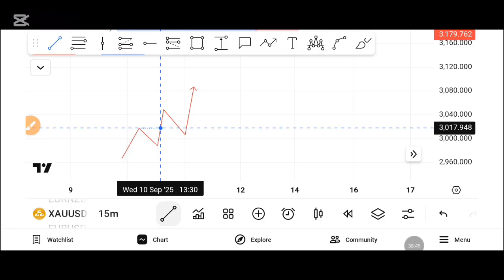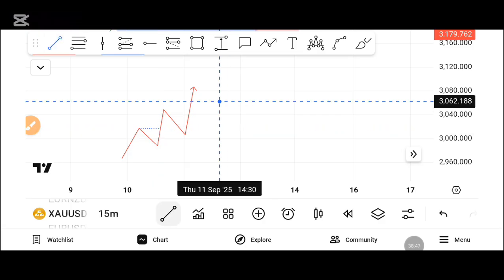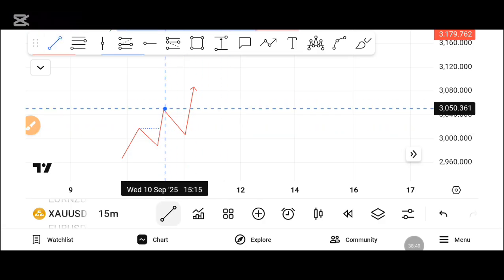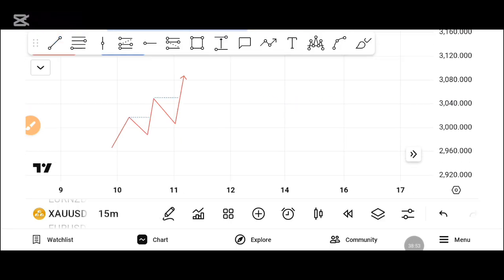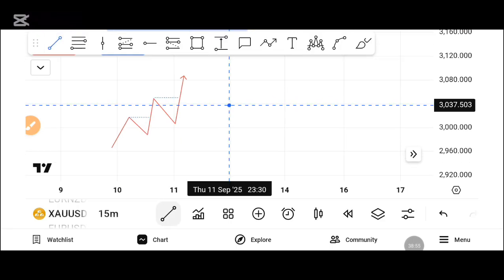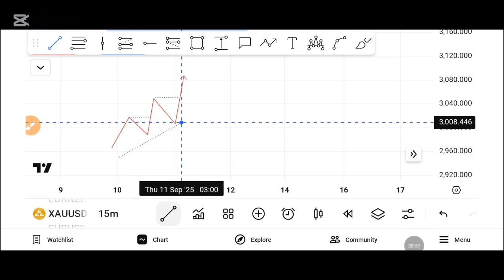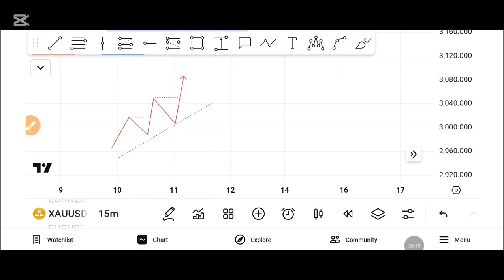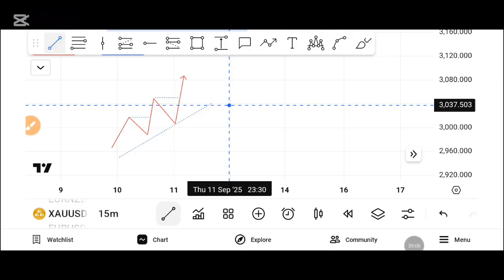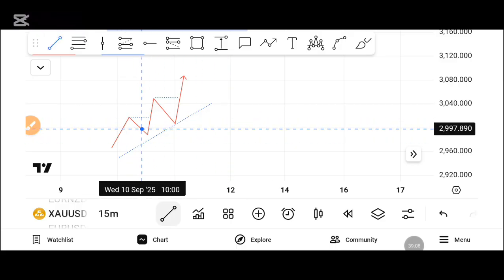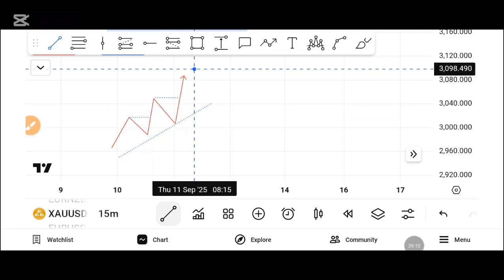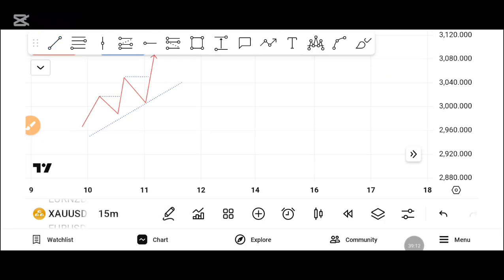This is a break of this high here, and this is what we call a minor swing trend. This is just one swing. This is your high, low, high, low, high, until the market gives us something like this.